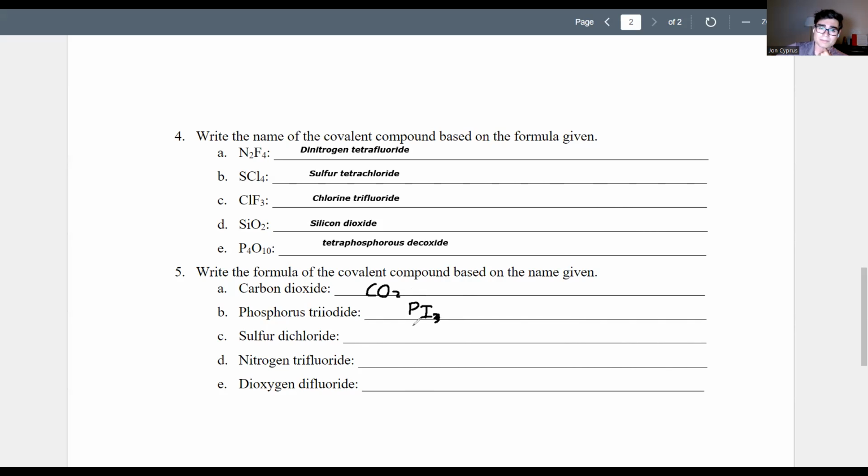Sulfur dichloride, this is one sulfur, two chlorines. Nitrogen trifluoride, this is one nitrogen, there's no prefix. Trifluoride, so NF3. And then we have dioxygen, so this is O2, difluoride, so O2F2. And that's it for this worksheet.